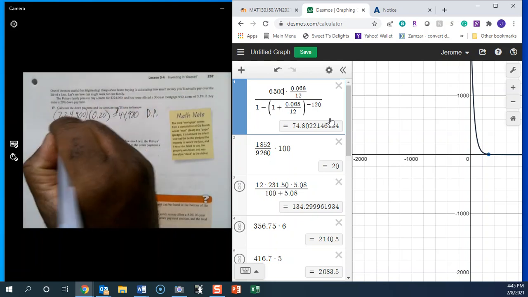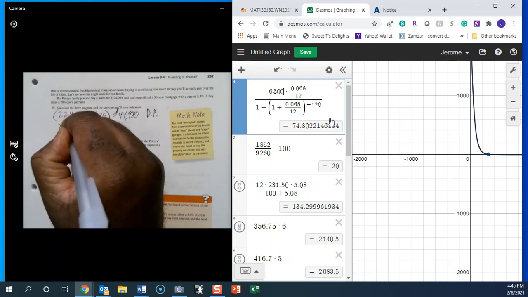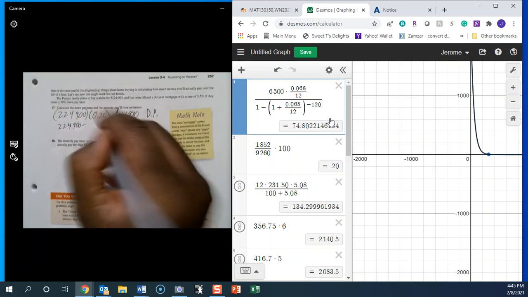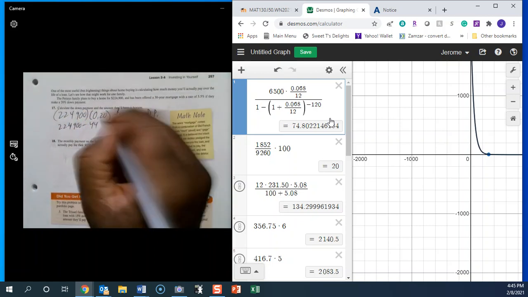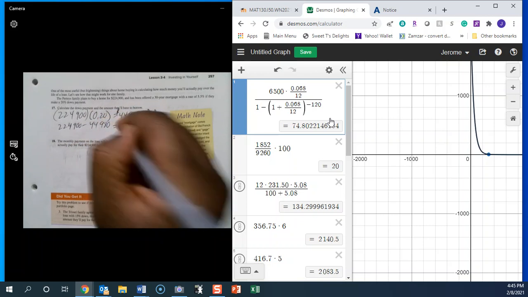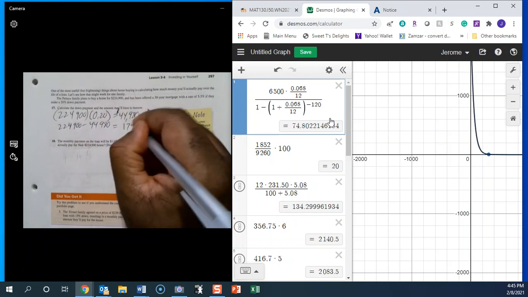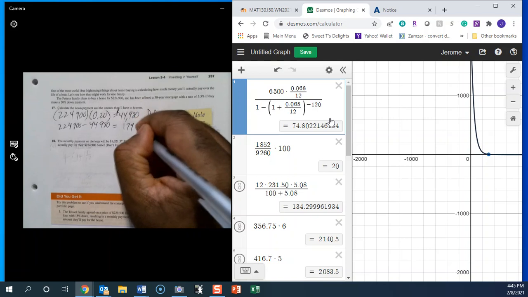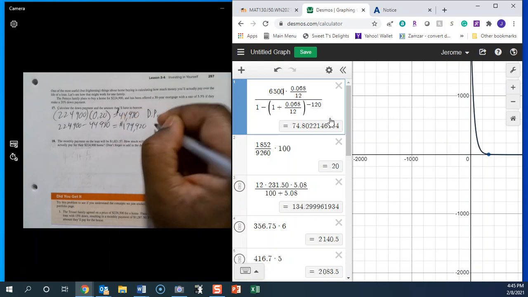Now, to see how much they need to borrow, you need to subtract the down payment. And that will give us $179,920 that you have to borrow.